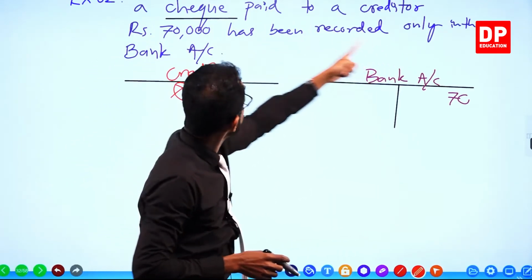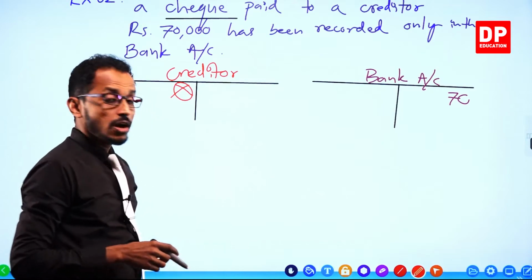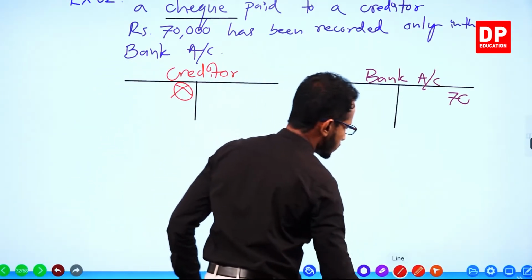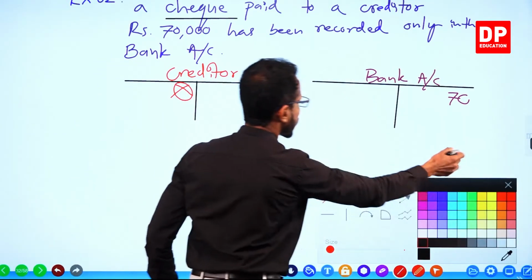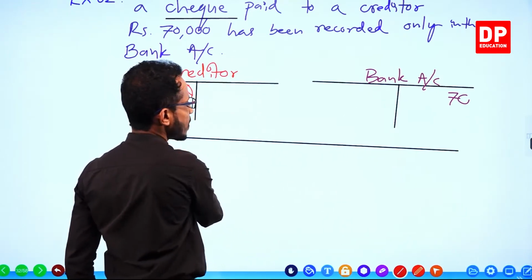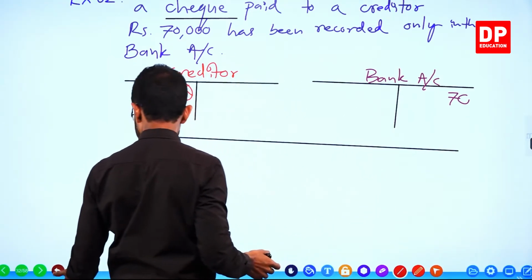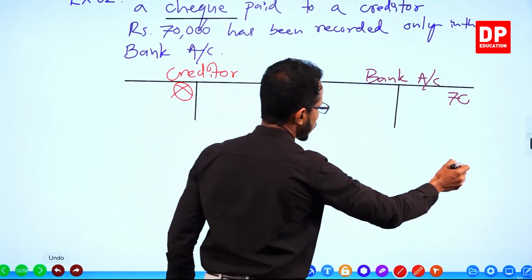Because of this, in the trial balance, there will be a shortage. Why am I drawing such a big trial balance? No need.